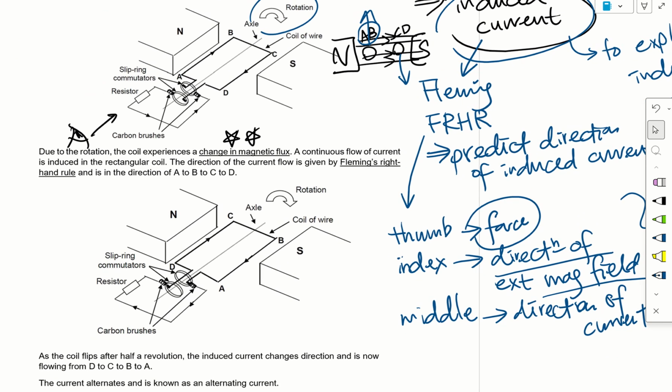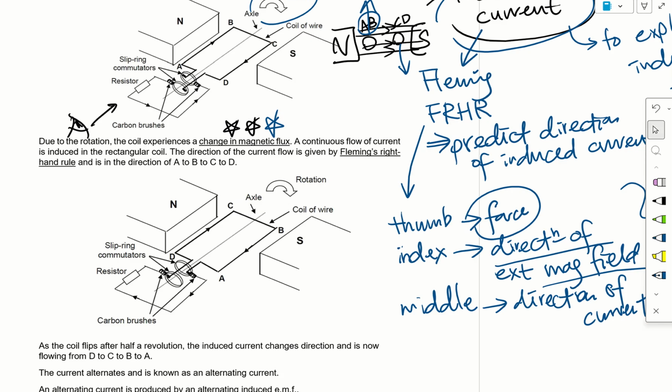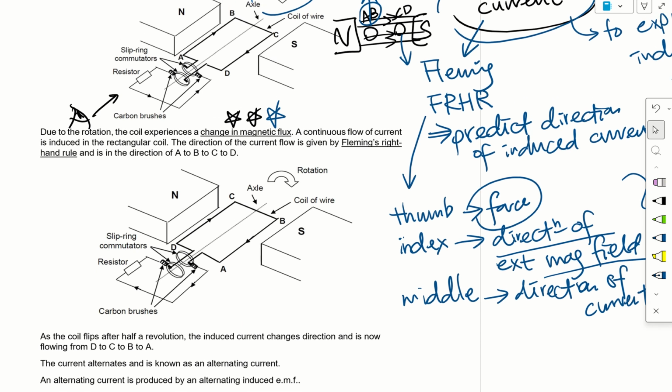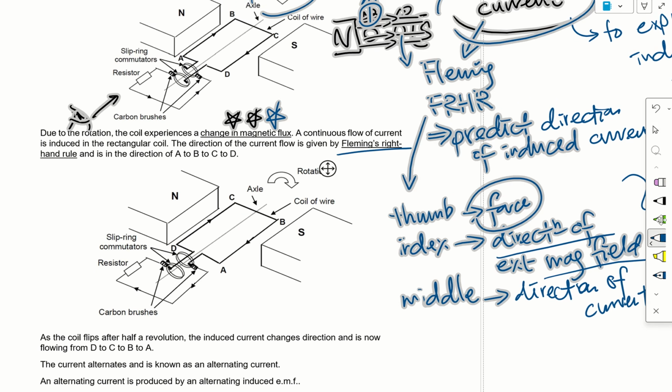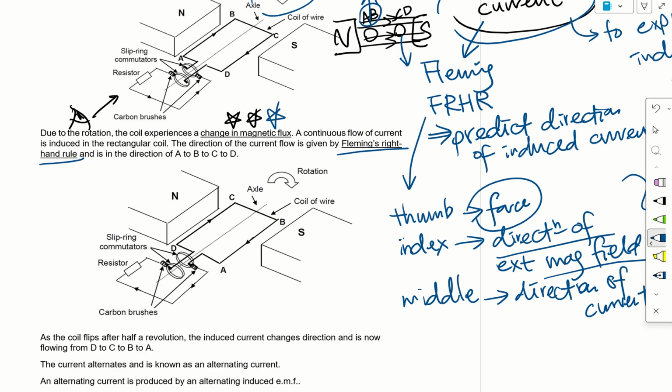So this is very important. There must be a change in magnetic field lines experienced by the coil. So then there will be a continuous flow of current induced in the rectangular coil as long as I keep on turning the coil. So the direction of the current is given by Fleming's right hand rule, but we are not able to explain why it's like that.